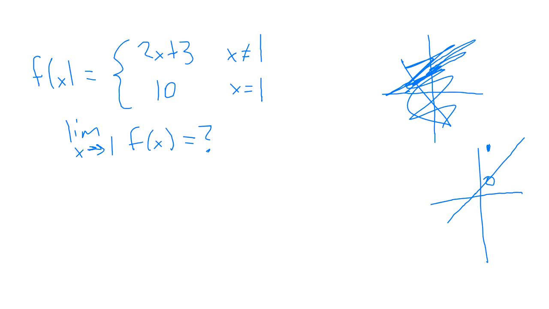So first thing we're going to do is find our individual sides. So we're going to take our limit as x approaches 1 from the negative side, and that's going to be of 2x plus 3.